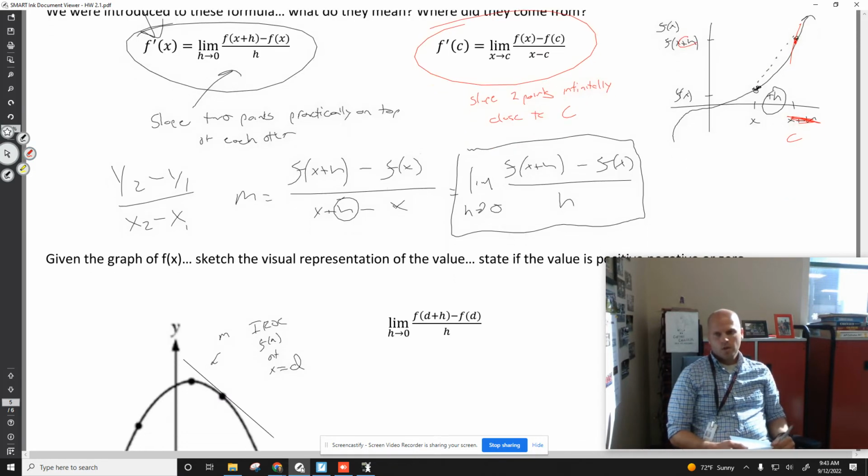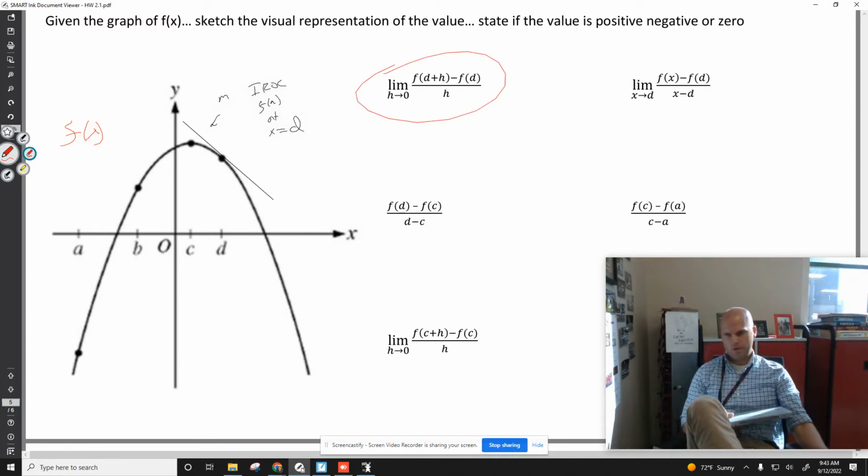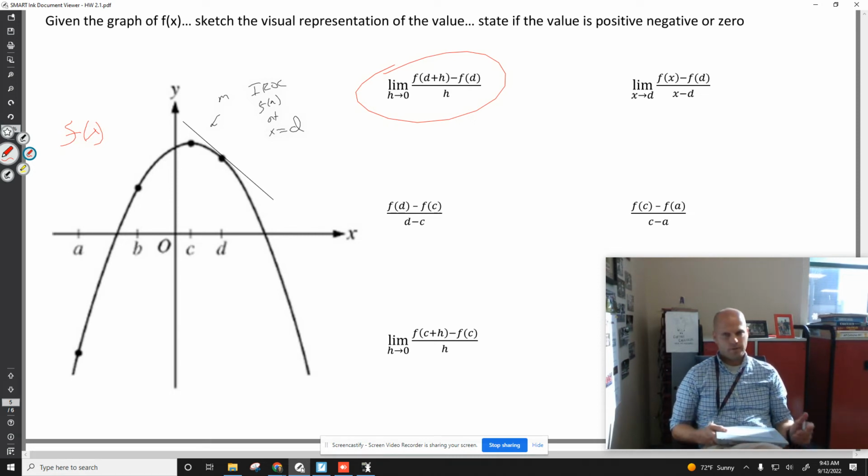Okay? To practice your understanding of this, I'm going to say, hey, here's a graph of some function, f of x. What's that? And you're immediately like, I have no idea. Well, again, slope.